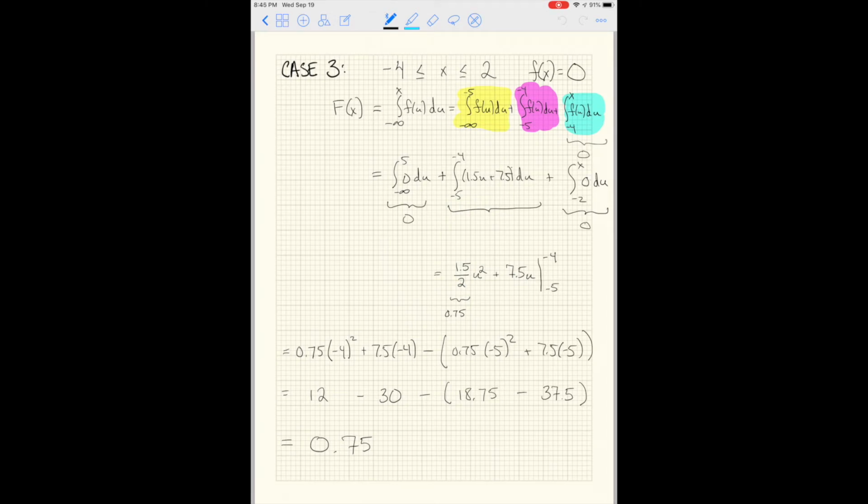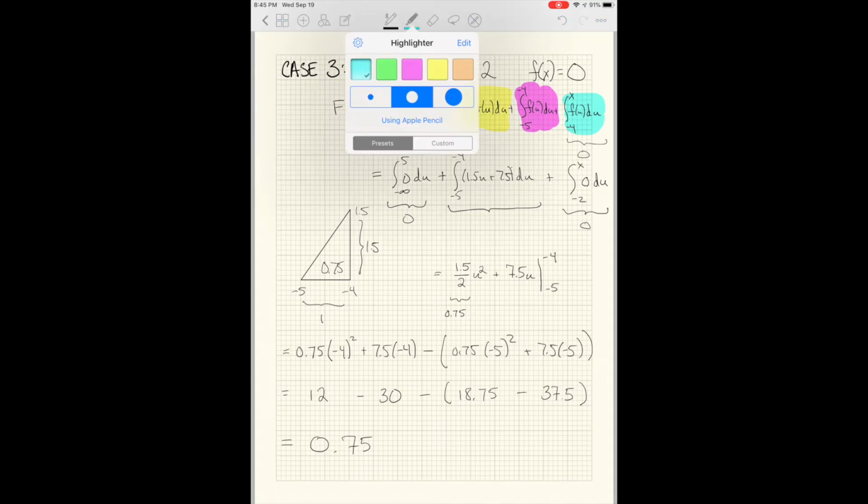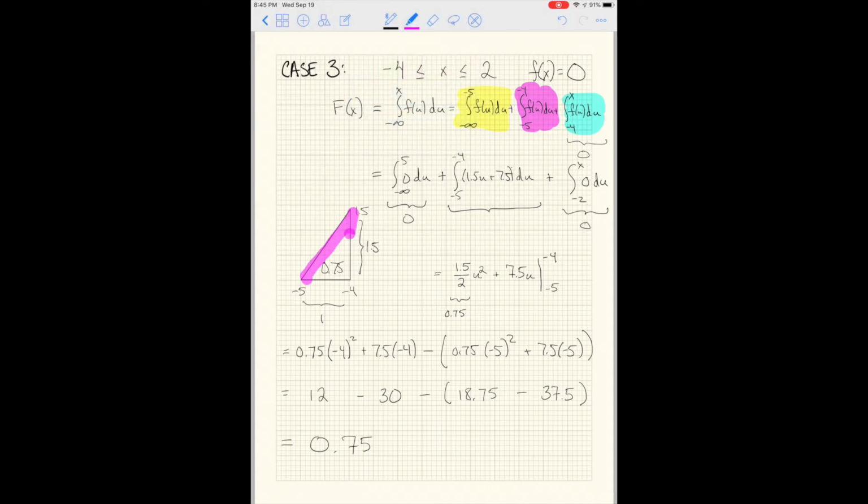If you imagine here that we're just taking the area underneath the triangle that has negative 5 here and negative 4 here and 1.5 up here, this height is 1.5. The base is 1. So 1/2 base times height is 0.75. And that is exactly what we got through the integral.